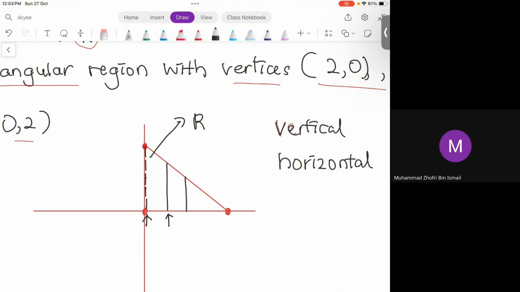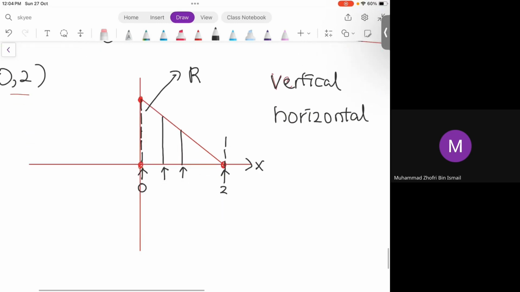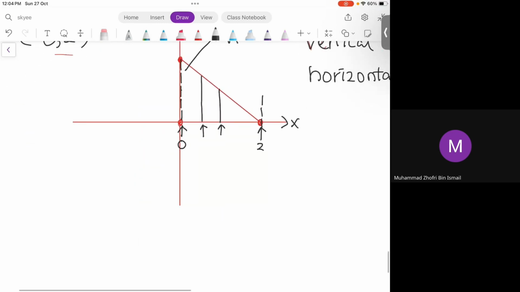At this position, your x is equal to 0. Now you move this vertical line to the right, and you will stop here. At this position, your x value is equal to 2. So you can say that your dx is from 0 to 2.